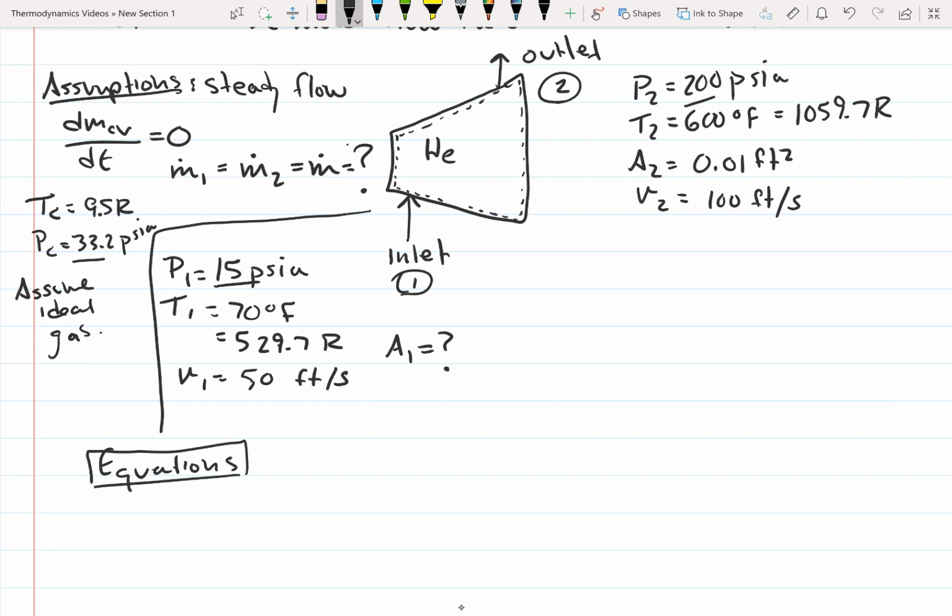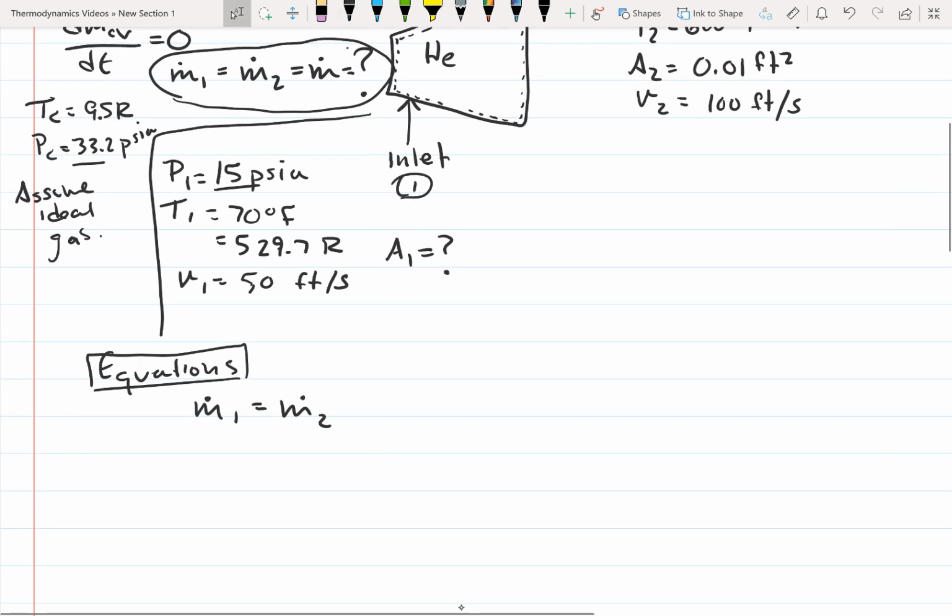We already have one of the equations just from our assumption. Since we've assumed steady flow, we know that our mass balance is just m dot in, well, basically m dot 1 is equal to m dot 2. The mass flow rate is equal to the area multiplied by the velocity divided by the specific volume.